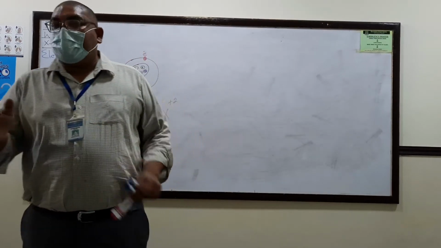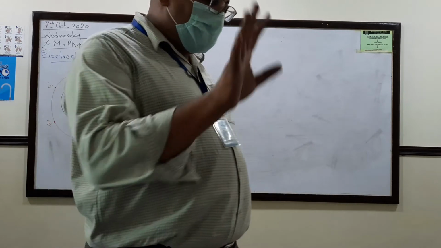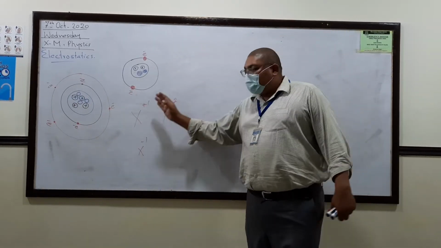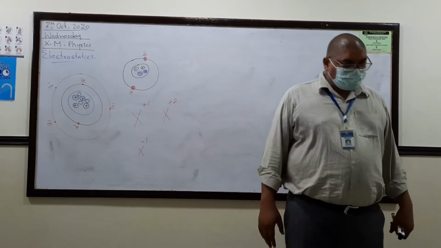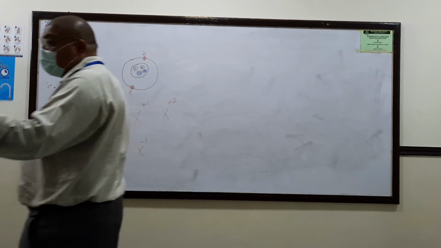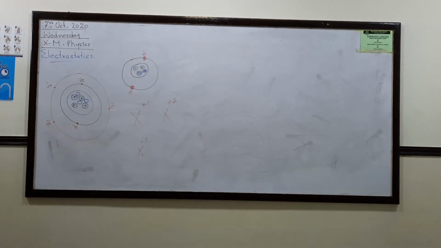Because now it has 5 negatives and only 4 positives. You see, when an ion is produced, the ion can be positive or negative. The ion is produced by the giving or taking, donating or receiving, of electrons. The business of electrons is done.